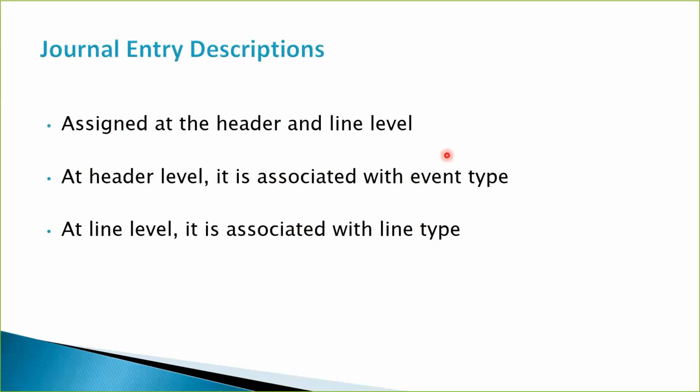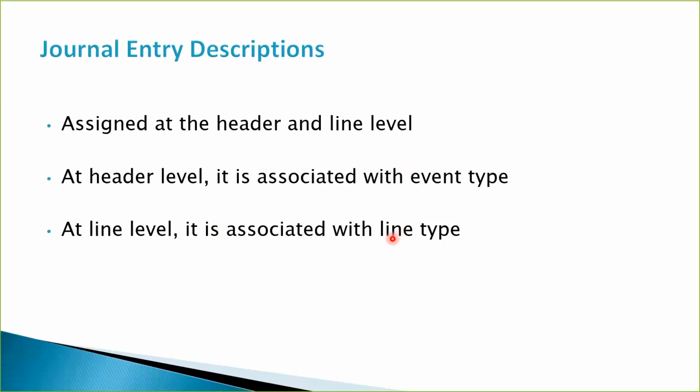So what that means is that when we are creating a journal entry description at the header level, we associate it with an event type, okay? At the line level, it is associated with the line type.